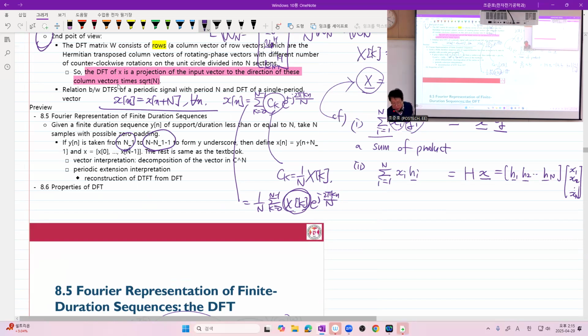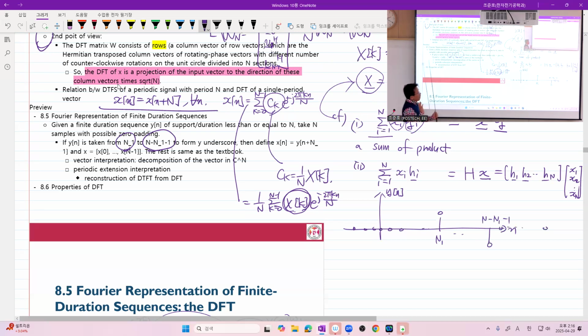For example, suppose you have some y of n that is all zeros, and suddenly from n sub 1 up to n1 plus N minus 1 you have non-zeros, and then all zeros.